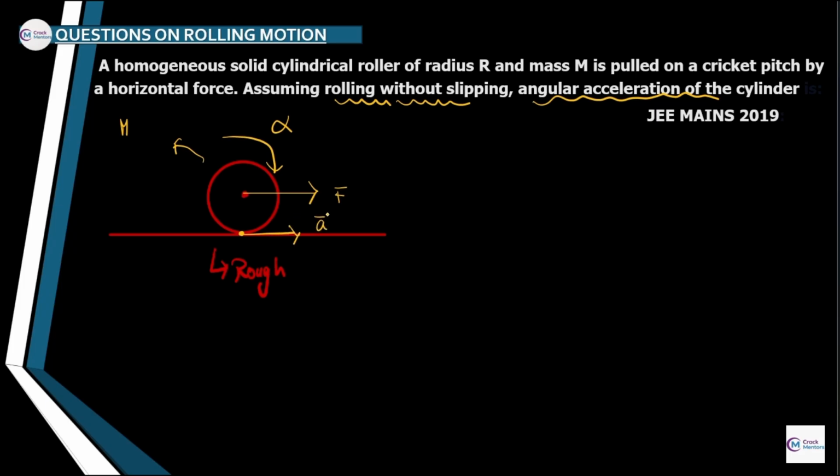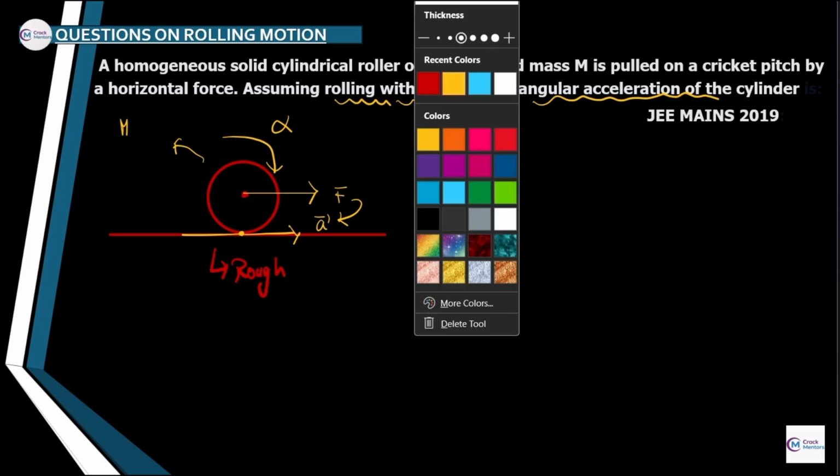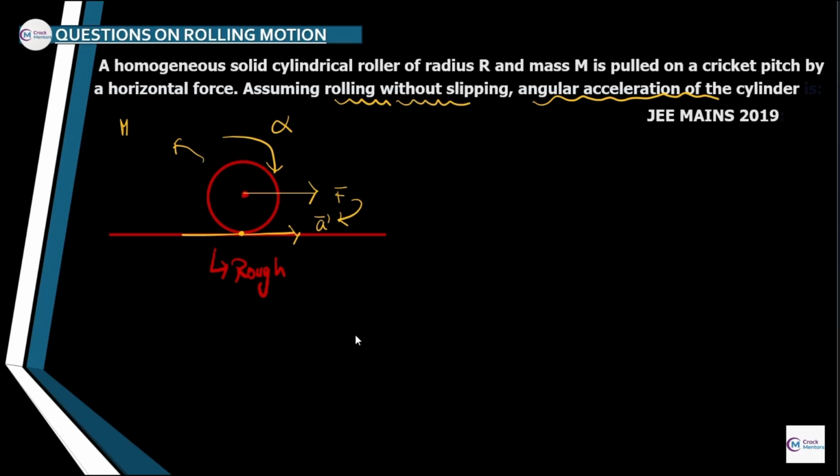The point of contact has some acceleration due to this force, and there is one more acceleration regarding it, in this direction, which is alpha r. They must be equal.